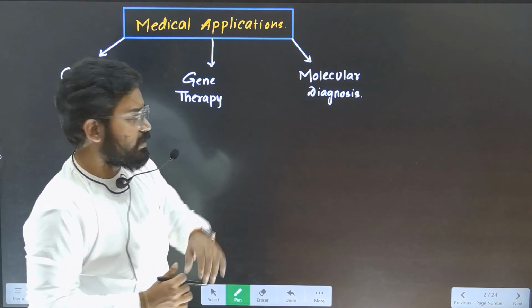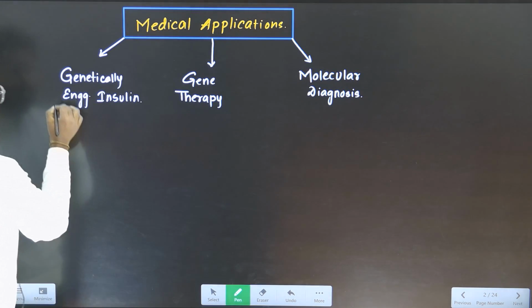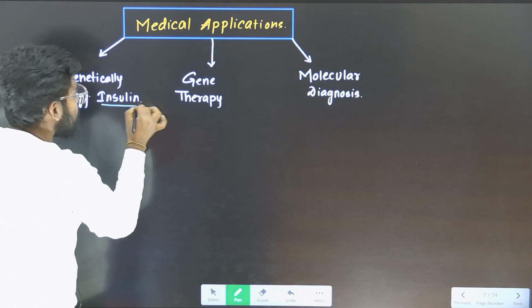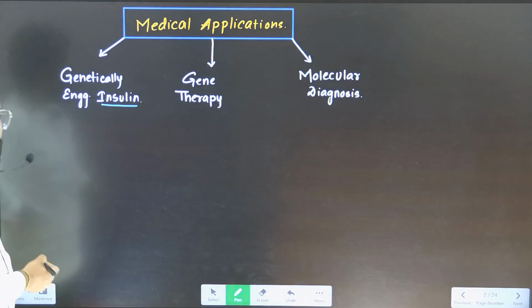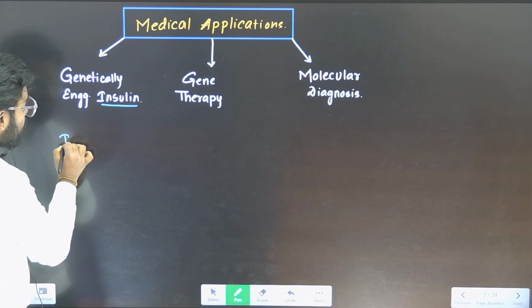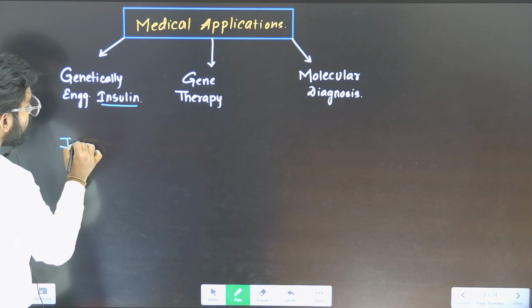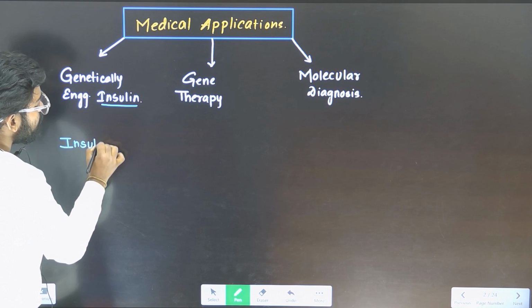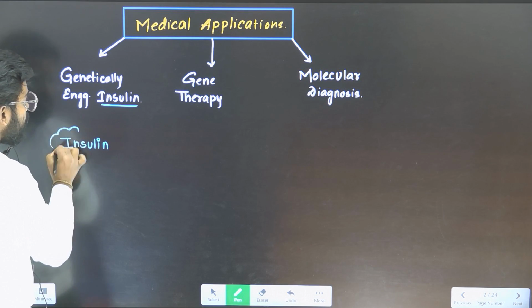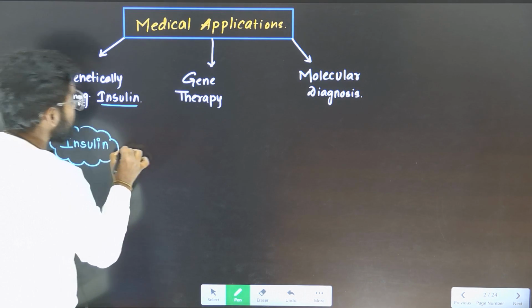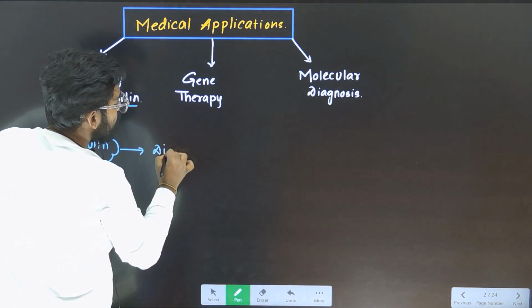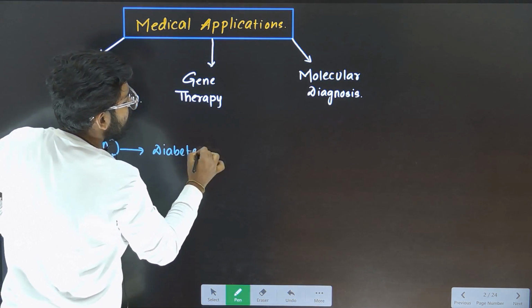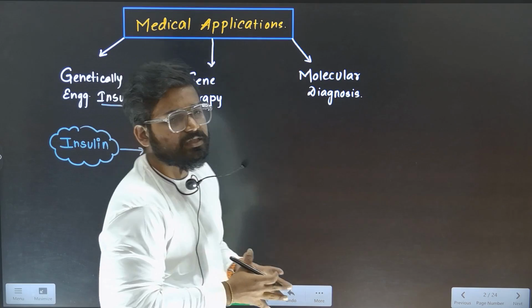Now, our topic today mainly focuses on genetically engineered insulin, in a very concise manner. Insulin is not the only product that has been genetically engineered. We all know insulin is used in the treatment of diabetes, specifically diabetes mellitus.